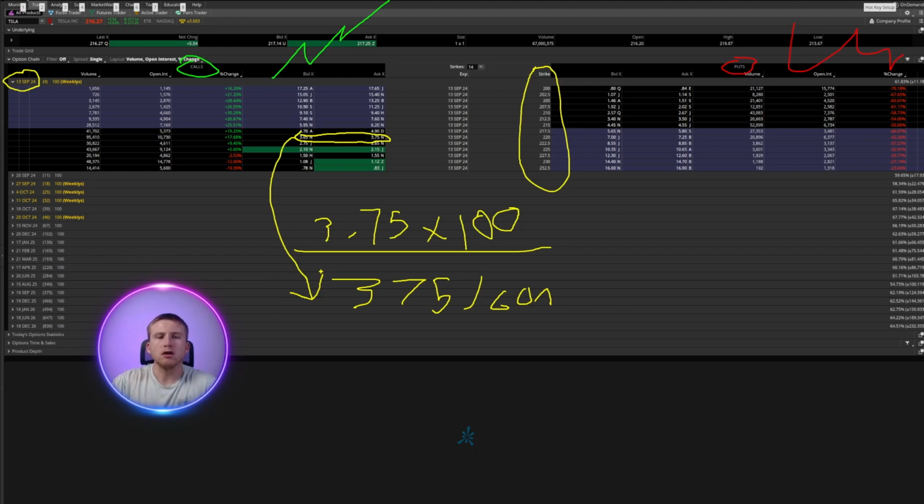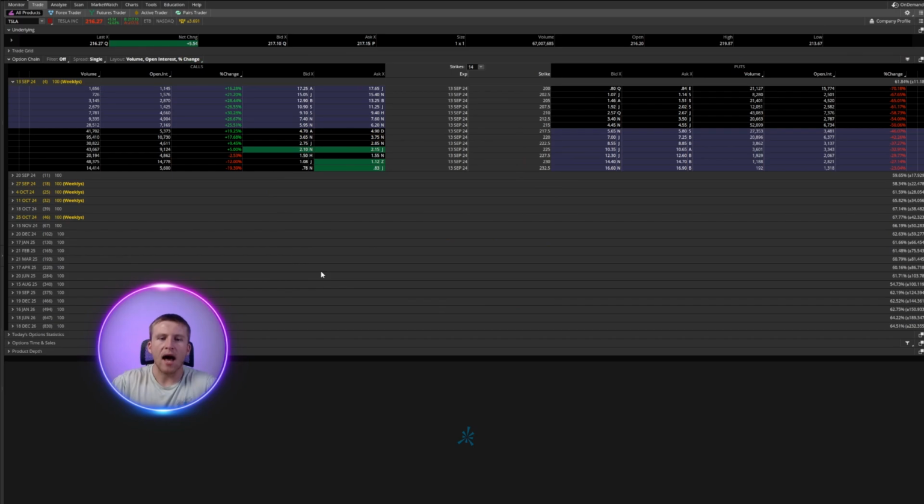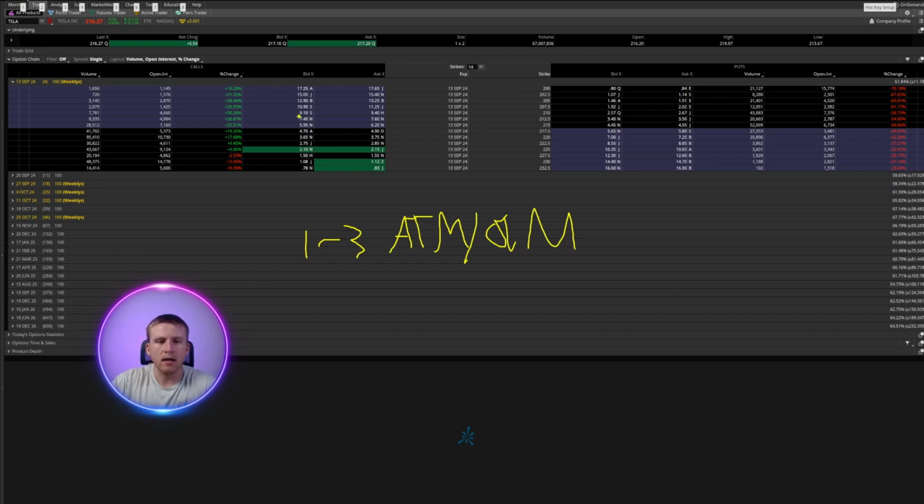Now, for choosing the best individual strike price, I typically will trade 1 to 3 strikes out of the money or at the money. And how do we note that? You guys see where this changes from purple to this black area.